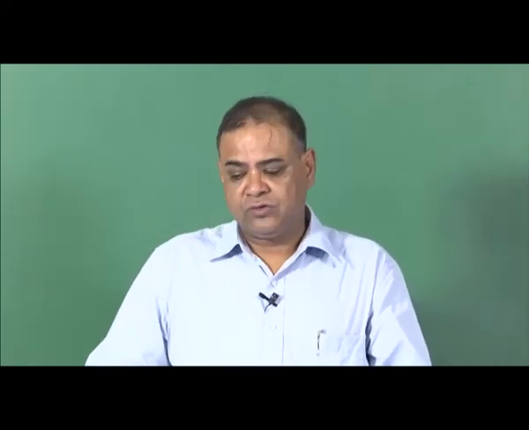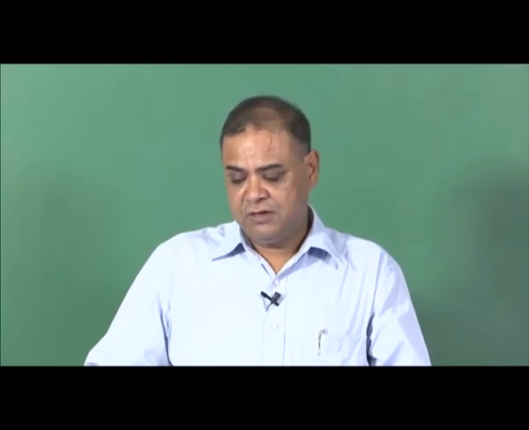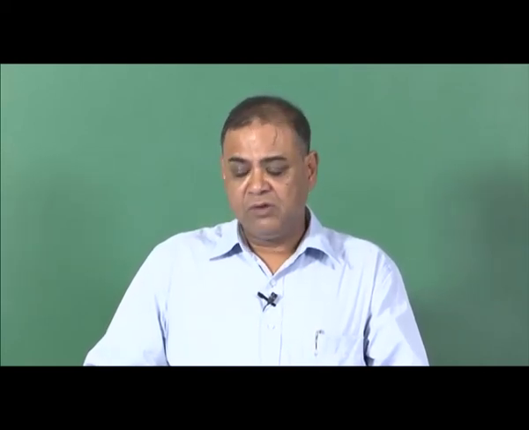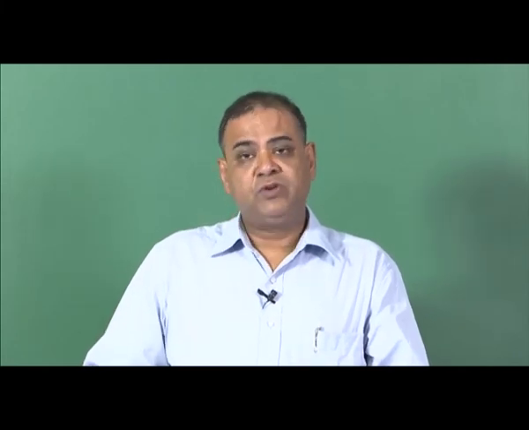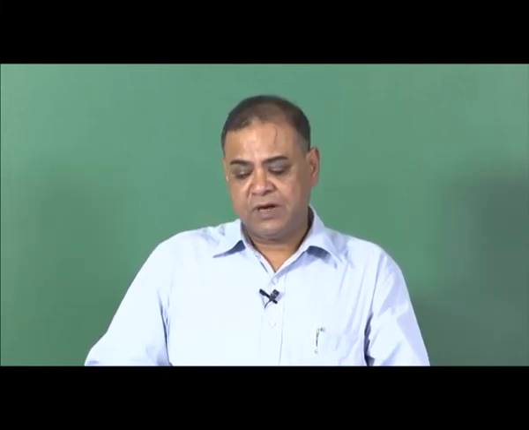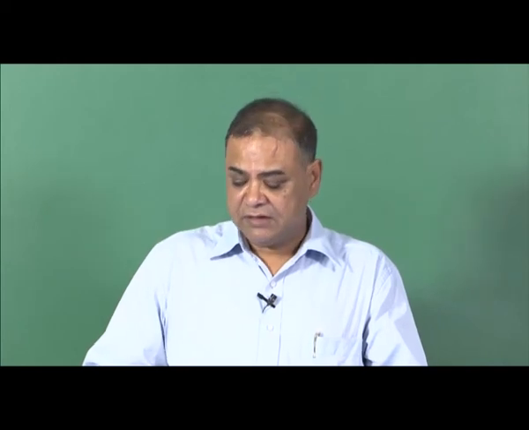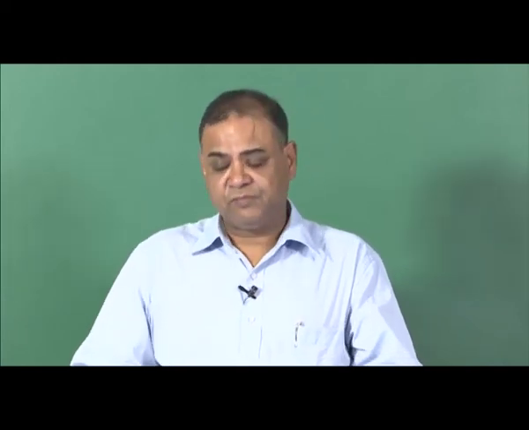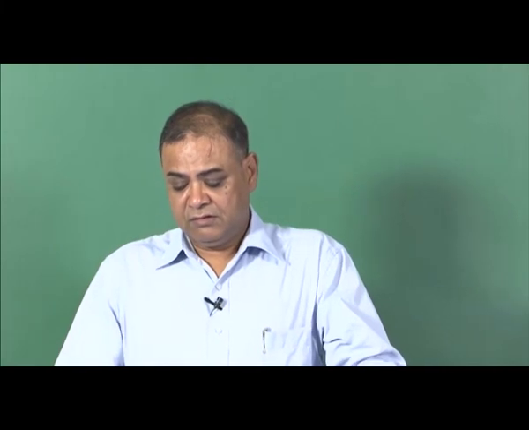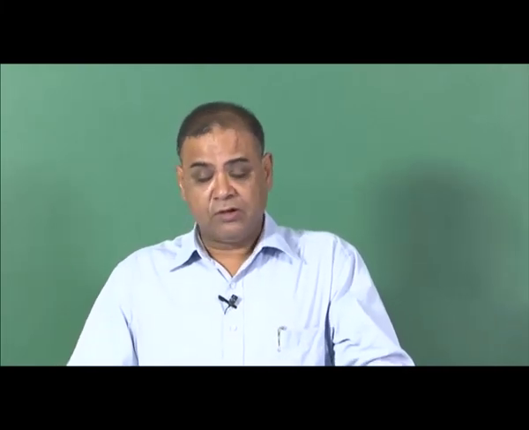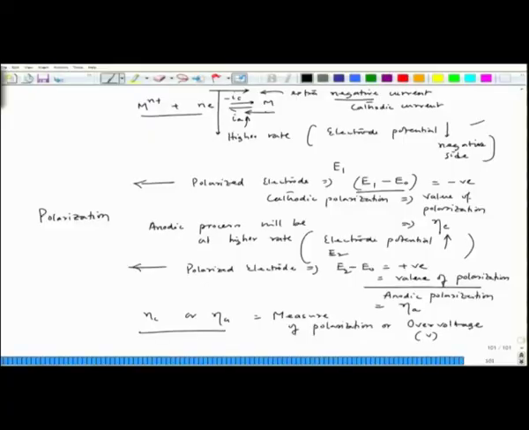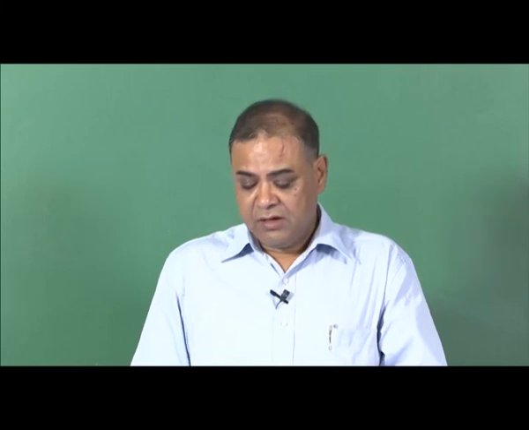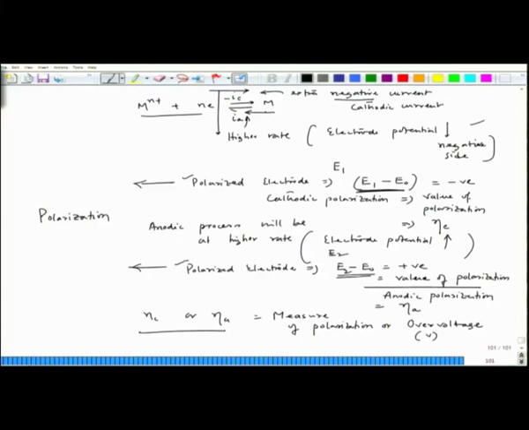If we send extra cathodic current, the potential drops from the equilibrium potential, which is E0 here, and when we send extra positive current, or anodic current, then the potential increases from the equilibrium potential, which is E0 here also. The difference in that potential we call the measure of polarization, and in this case it is cathodic polarization, in this case it is anodic polarization.